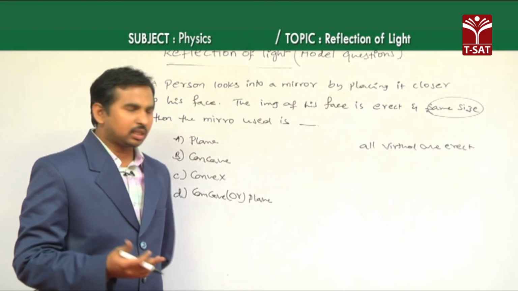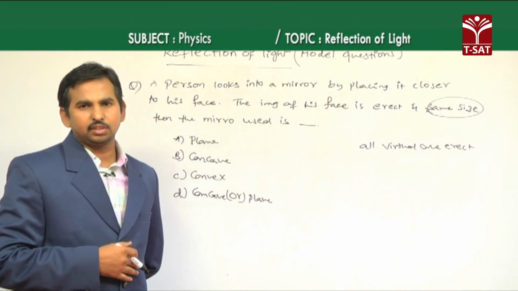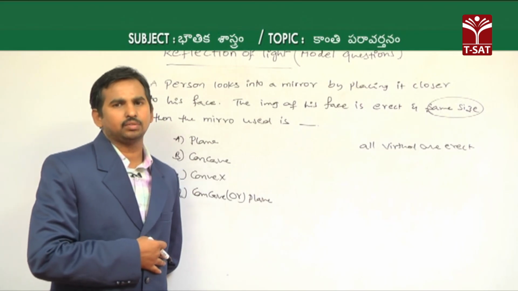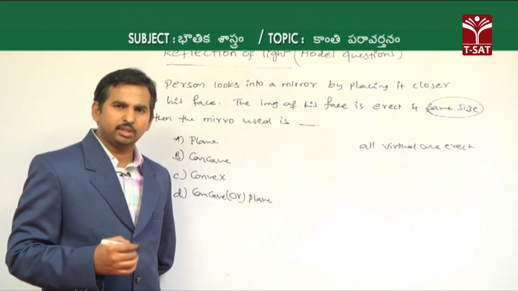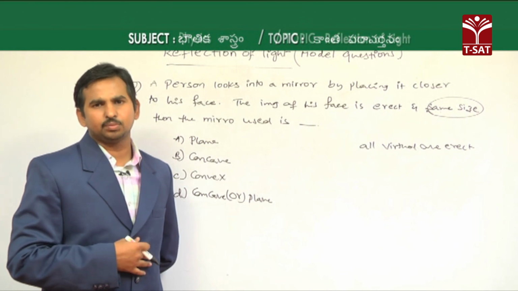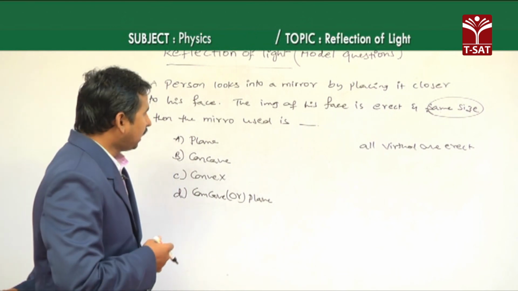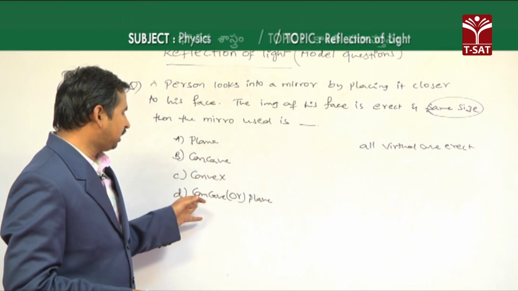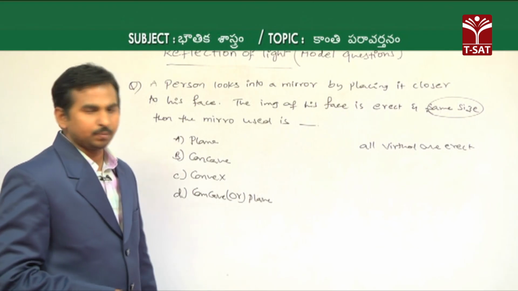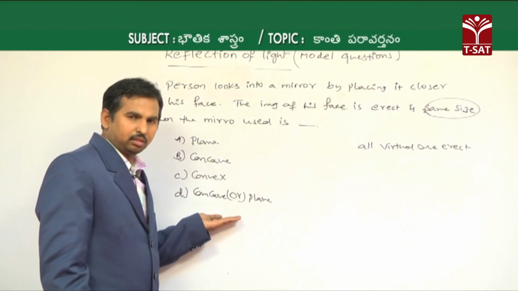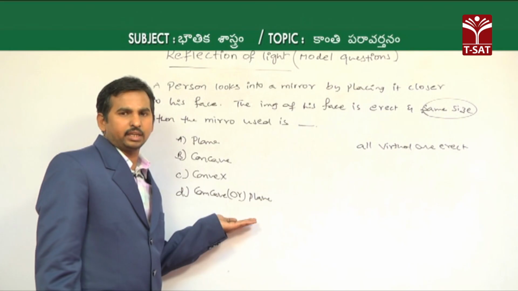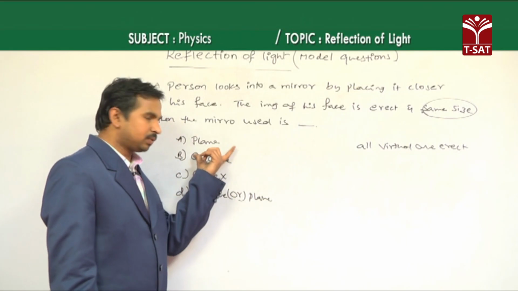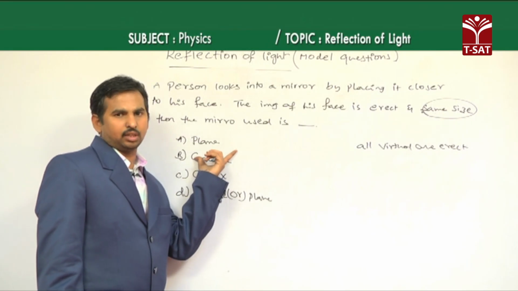So both erect and same size are given only by the plane mirror, because plane mirror characteristics are that it forms a virtual, erect image, of the same size and at the same distance. As the given options are plane mirror, concave, convex, or D, concave or plane mirror, we cannot take the concave mirror, because a concave mirror forms an erect image only in one case, and that too magnified. So that is why plane mirror is correct in this case.